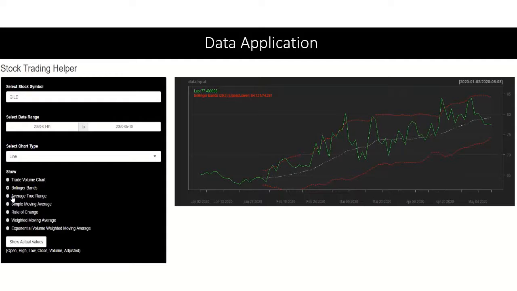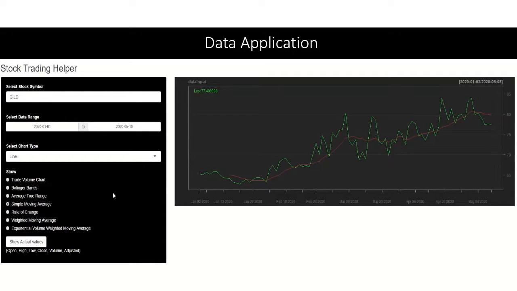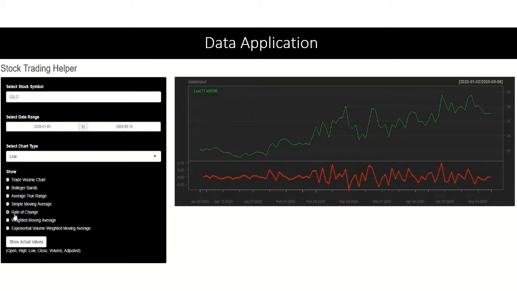The next feature is the average true range, which essentially shows the range of the price that has changed. The next option is the simple moving average, which shows the actual average price, which is on that red line. The next one is the rate of change.